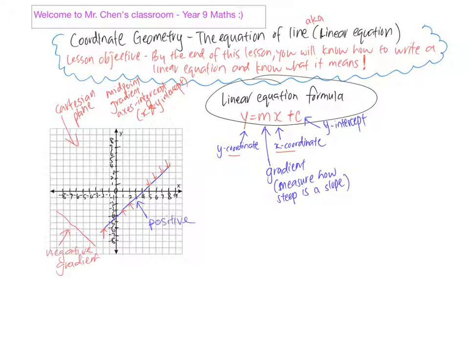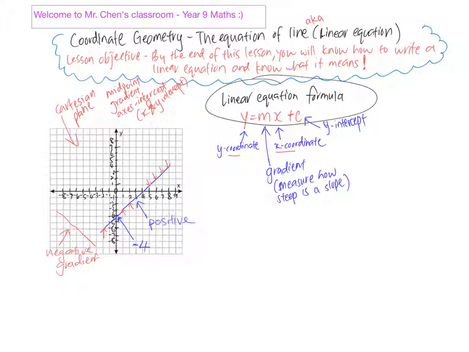In this situation, that is our y-intercept, which is -4. So -4 is the y-intercept for that specific line with this linear equation.